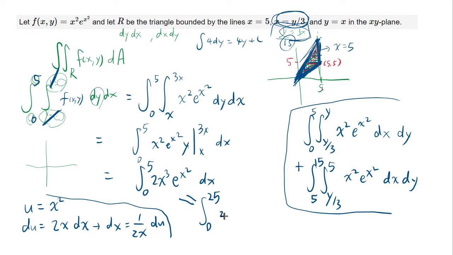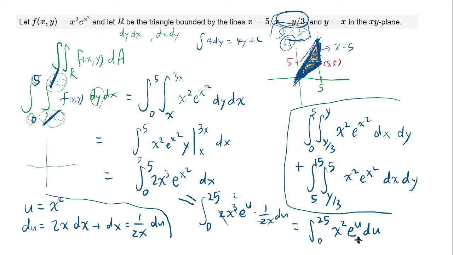Okay, so you have 2x cubed e to the u, and dx is 1 over 2x du. So the 2x and one of the 2's get cancelled, and you end up with the integral from 0 to 25 of x squared e to the u du.